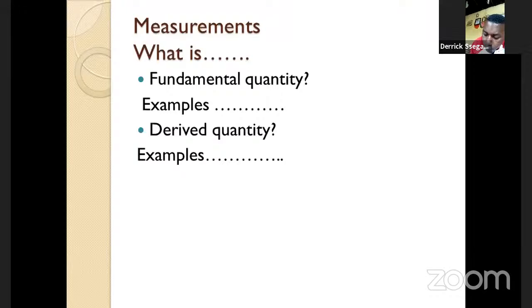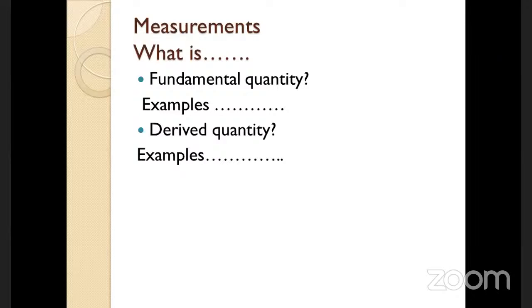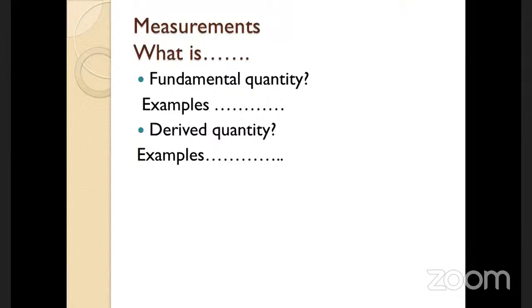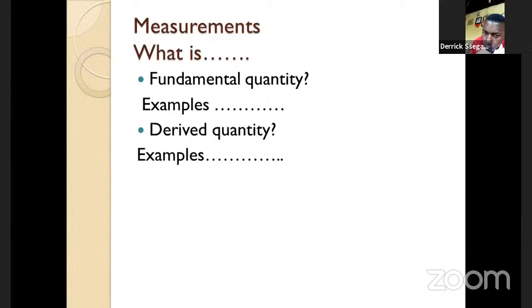We have fundamental quantities and we have derived quantities. We are going to define fundamental quantities and then also give examples. I also ask you to define for me a derived quantity, and then we list some of the examples.